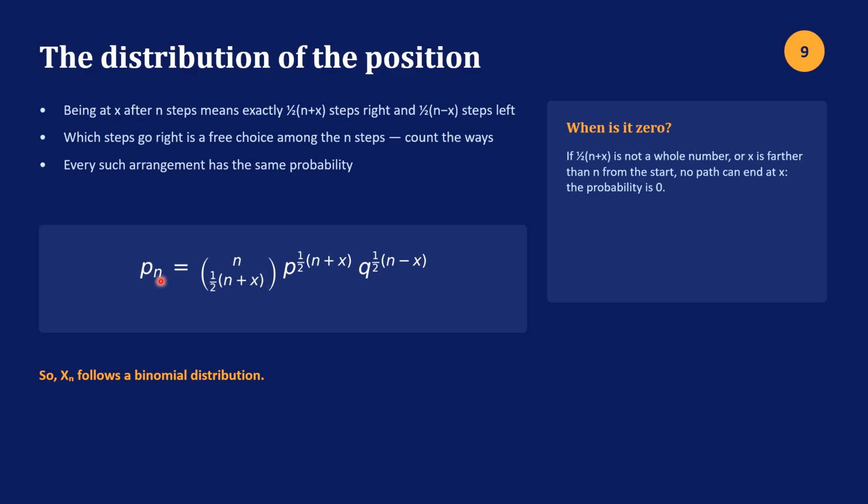Okay, so this gives you the probability of being in state x, excuse me, after n steps. This distribution here. So if you just plug in different values for x, you'll get the probability after n steps of being in that state.